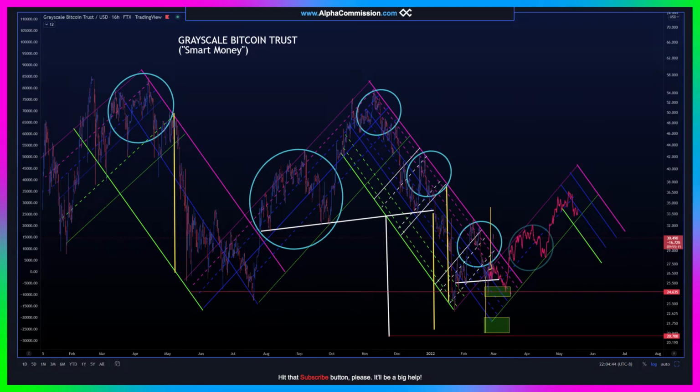Today I wanted to quickly go over the Grayscale Bitcoin Trust chart, an Alpha fam favorite over here. Of course, we've been following it because the smart money trades using Grayscale Bitcoin Trust. This means there's a higher concentration of billionaires and institutions, this type of professional big money, in Grayscale, rather than on the regular exchanges, which is the regular money, because you can get a pretty good discount on the trust.